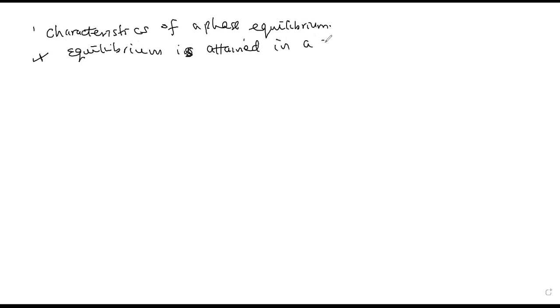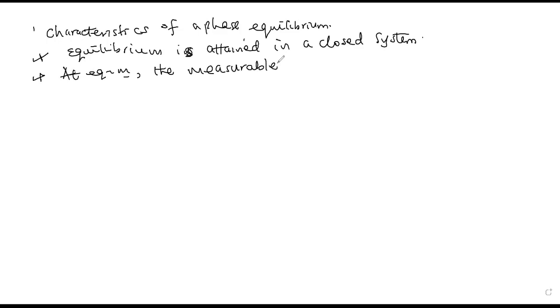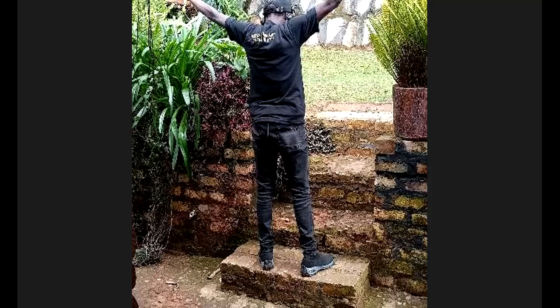Two, at equilibrium, the measurable properties of a system become constant.